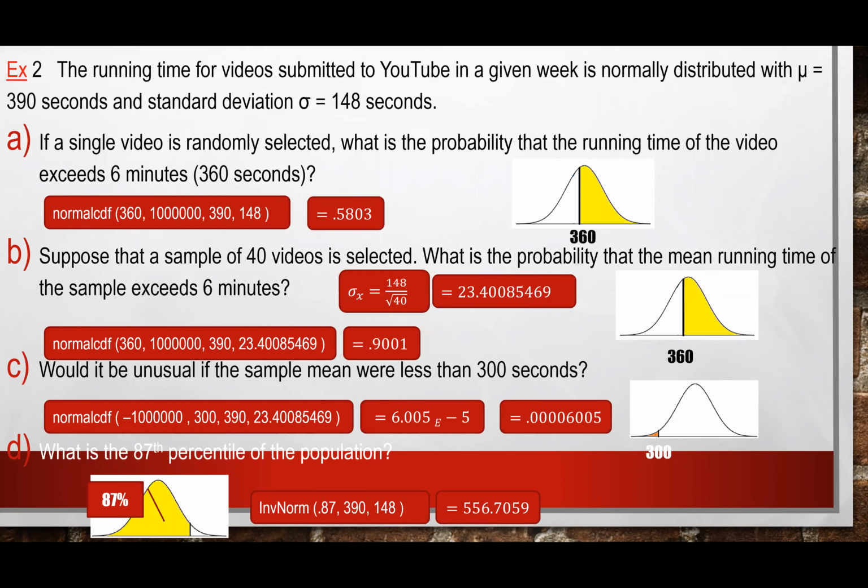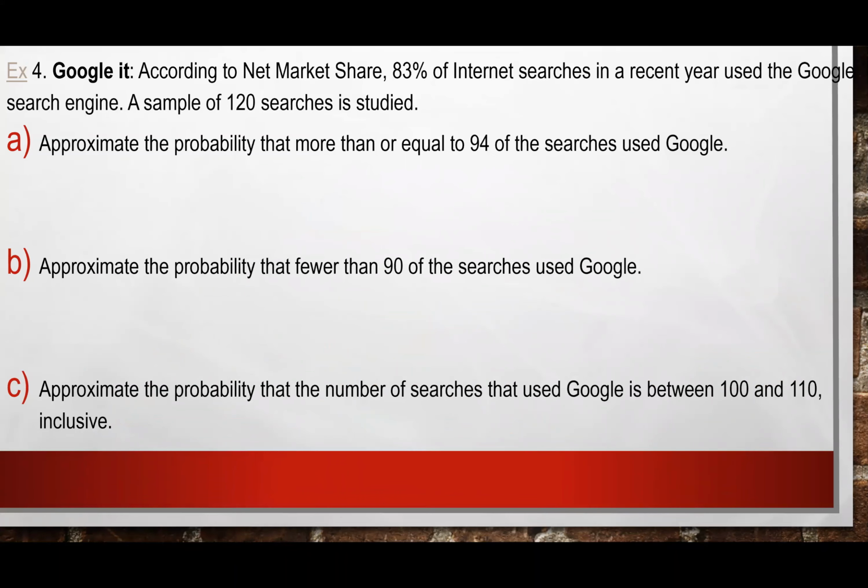Okay, which is this question. So now, how do we spot the difference between 6.1, 6.2, and 6.4? If you read example 4, the Google question: according to the net market share, 80% of internet searches in a recent year used the Google search engine.